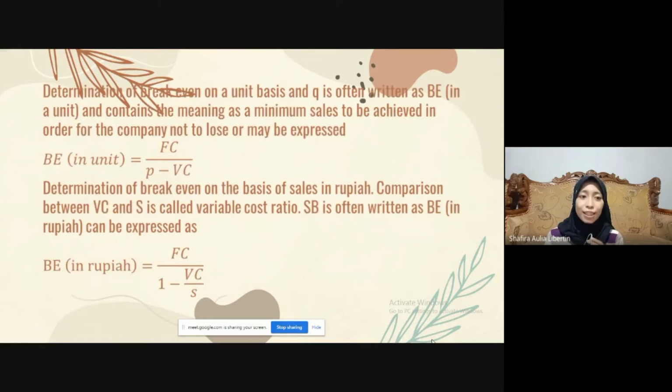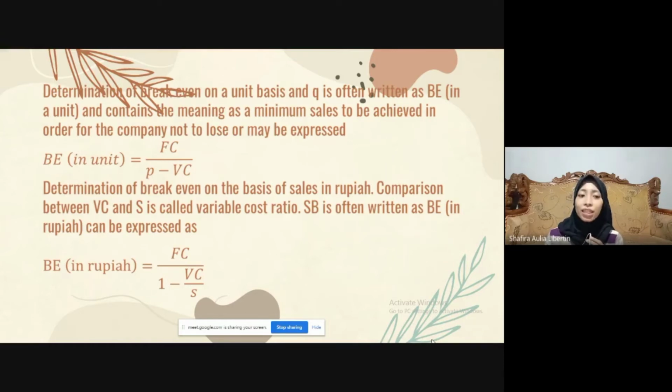The next is determination of break-even on a unit basis, which we call BE in unit, meaning the minimum sales to be achieved so that the company does not lose. It is expressed as BE in unit equals fixed cost over price of selling minus variable cost.